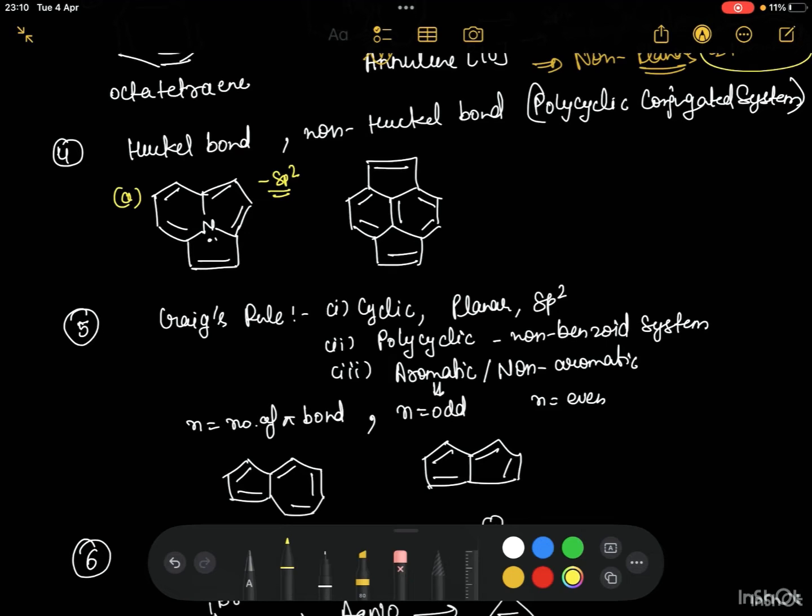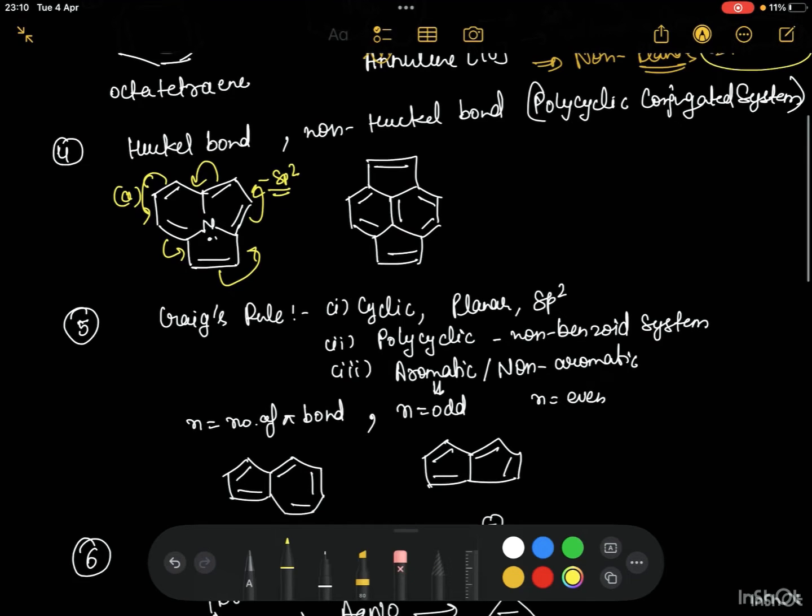Now, second, how many bonds are going into delocalization? This bond, this bond, this bond will go in delocalization. This lone pair is not involved in delocalization. So we will count only the pi bonds which are involved in delocalization.